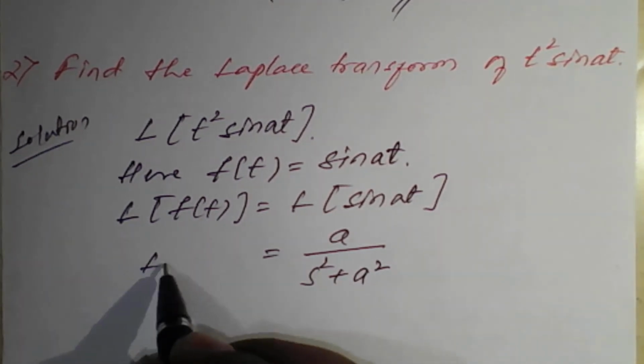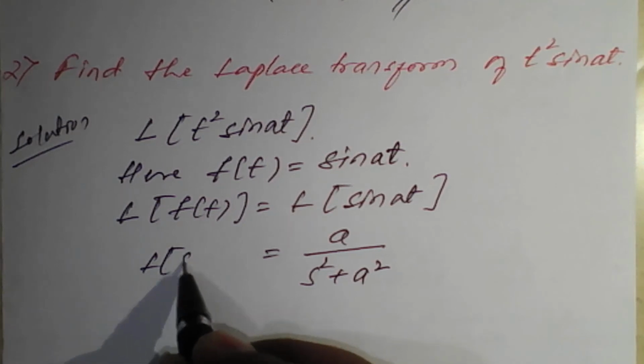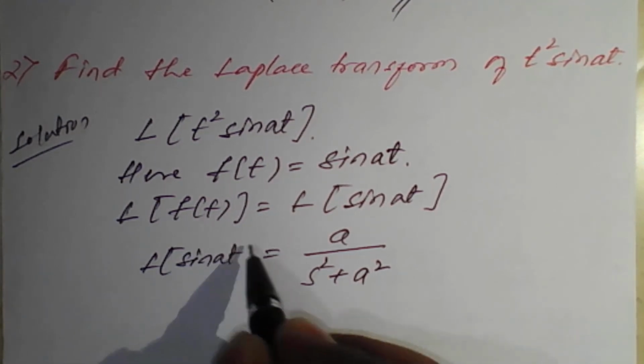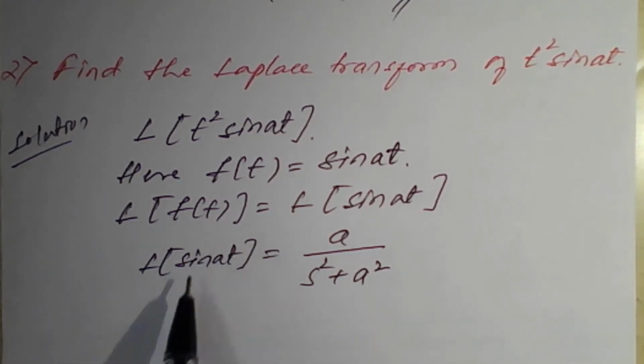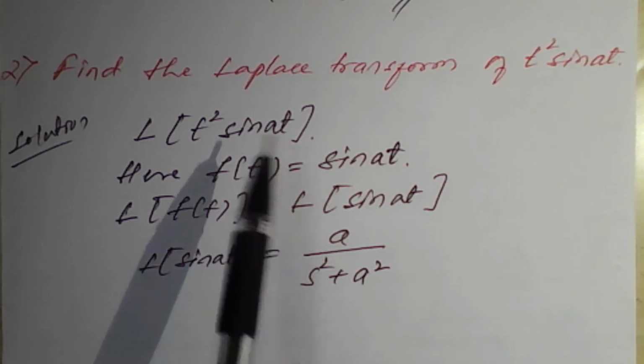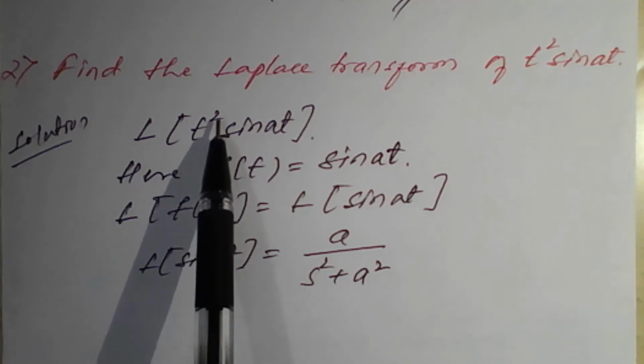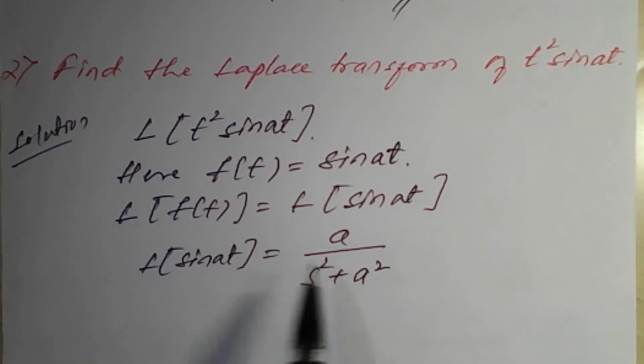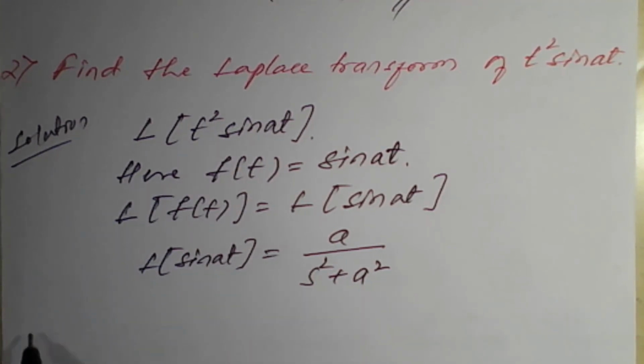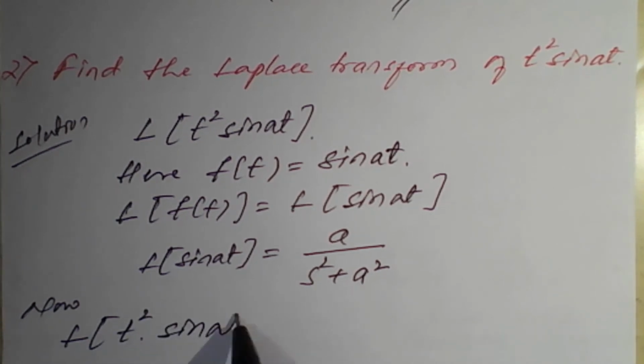So we got the answer of Laplace transform of sine at. Once we have it, then we'll see what happens if you multiply by t square. Now Laplace transform of t square into sine of at.